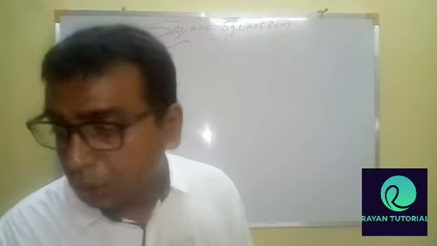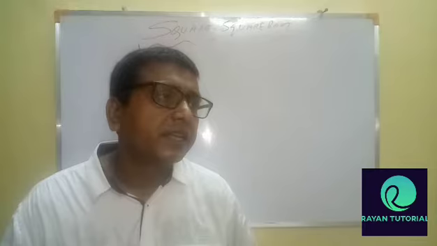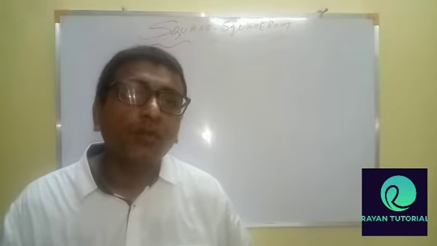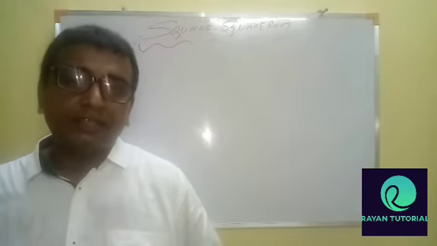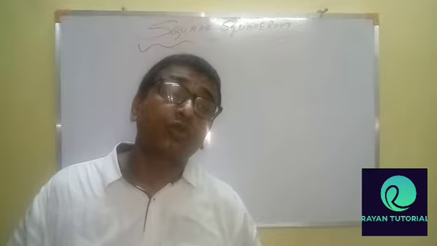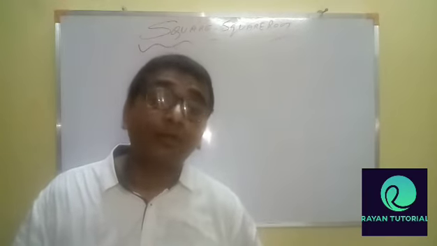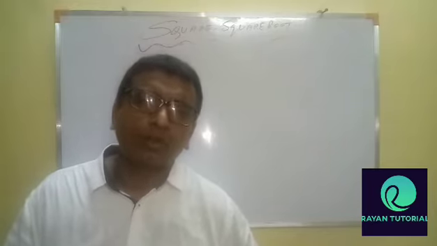This is not the rule, but by observation, we have seen that the numbers ending with 6 are the squares of the numbers whose ones digit is either 4 or 6. Very easy, no need to memorize this.